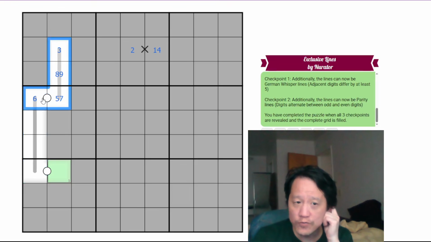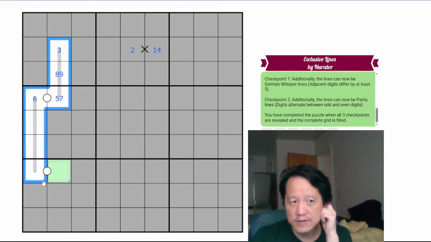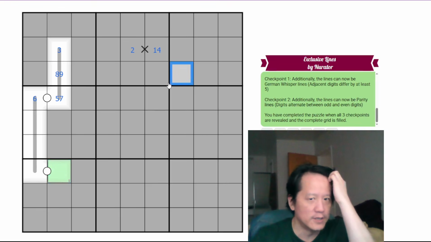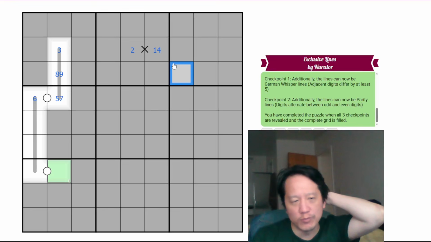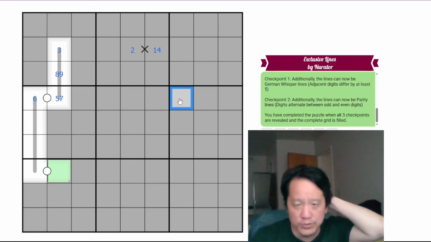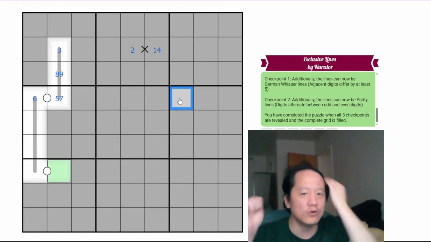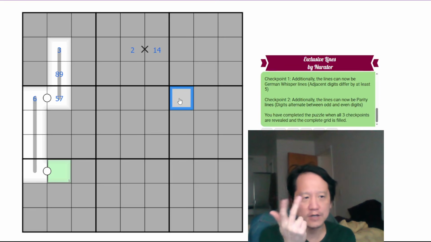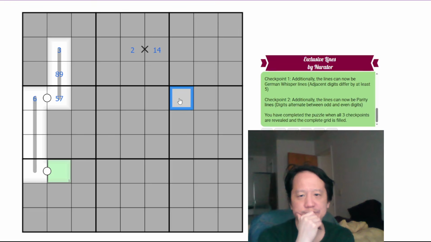And we remove all the digits except for the digit in checkpoint 1. And then once we see checkpoint 3, that would mean we remove all the digits in the grid except for checkpoint 1 and checkpoint 2. And then the lines could also be parity lines along with whisper 5 and region sum lines.